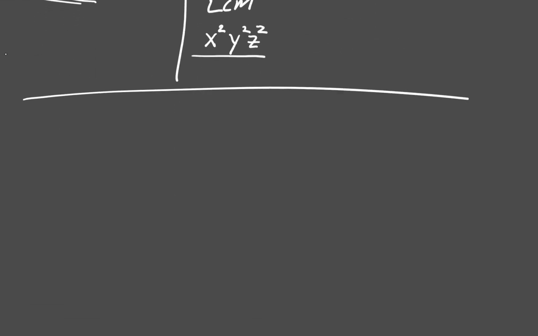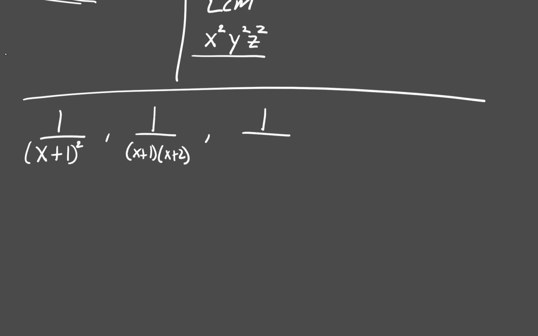Okay, one last one. Let's look at something like 1 over x plus 1 squared. Let's look at, say, x plus 1, x plus 2, and let's look at x plus 2 squared, x minus 1.